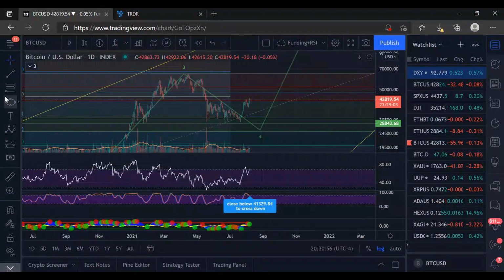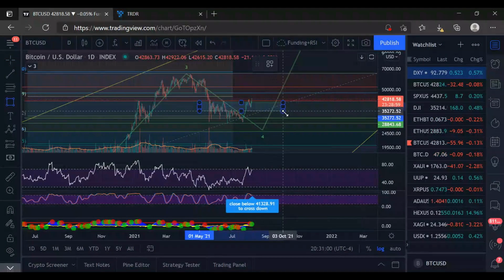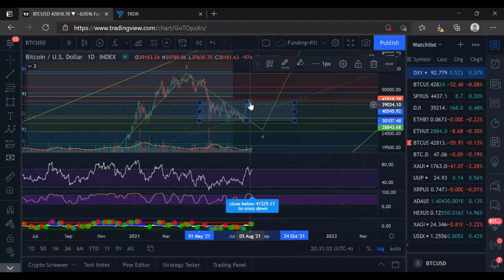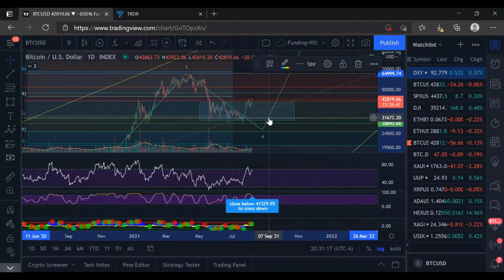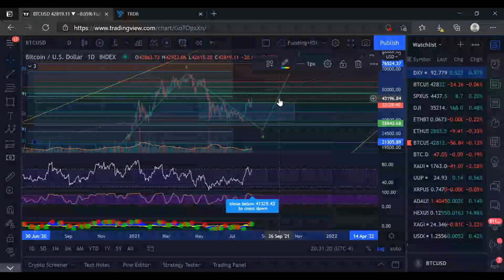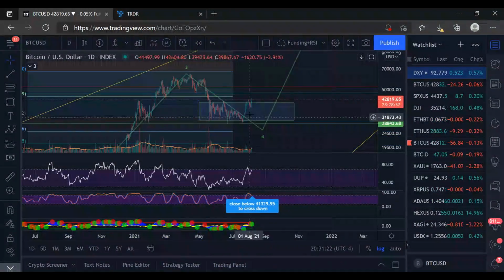If you have your box right here, this is your consolidation box. If it comes down below here, hits 25, comes back and closes any daily candle above 30,000, 32,000, I would buy Bitcoin there for an investment, expecting it to continue up. That's the way I would look at it.